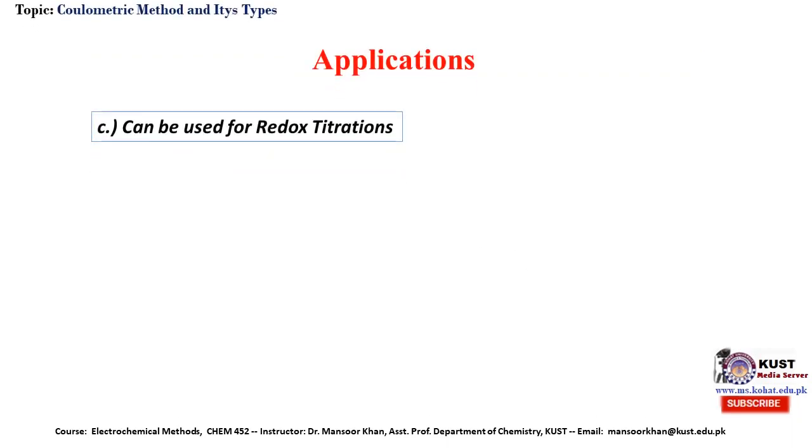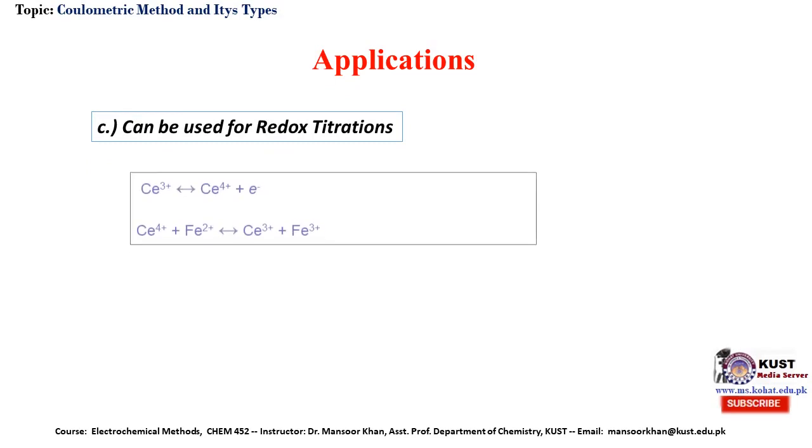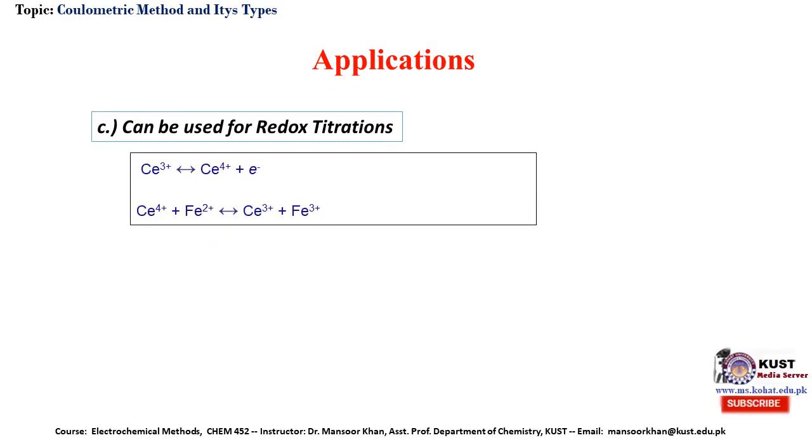It can also be used for redox titration. In redox titration, reduction and oxidation take place. Here cerium plus 3 undergoes oxidation to cerium plus 4 by the release of an electron. On the other hand, the overall reaction is given where Ce plus 4 reacts with Fe plus 2.